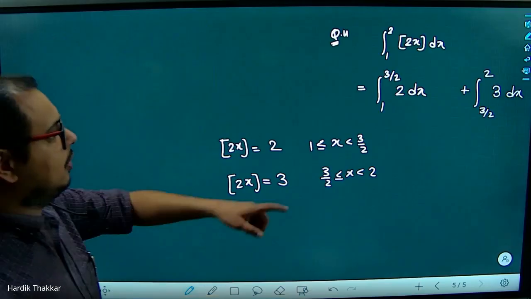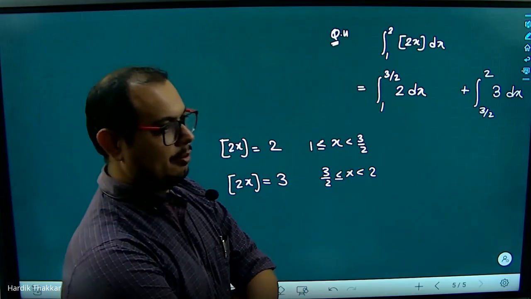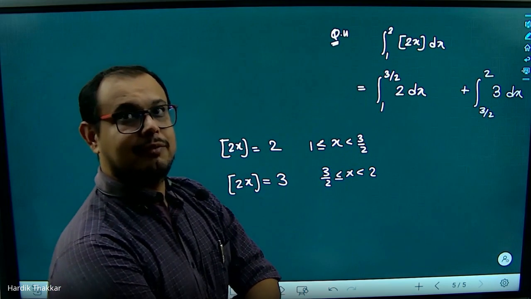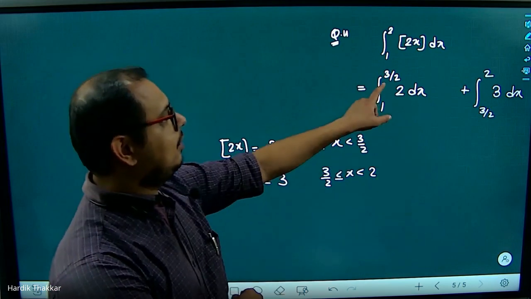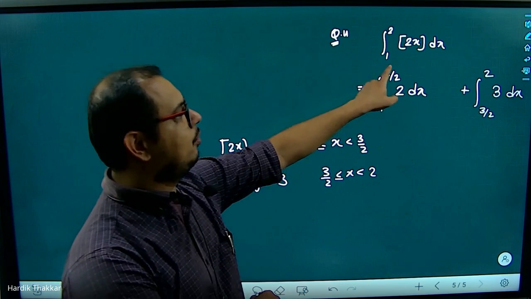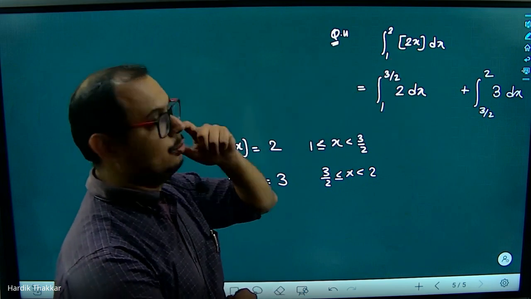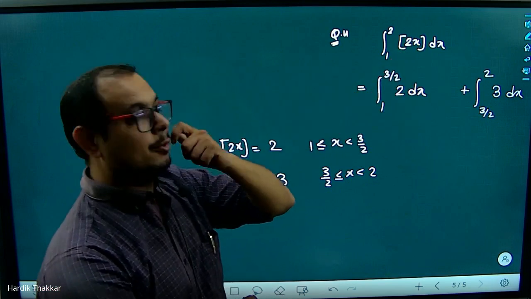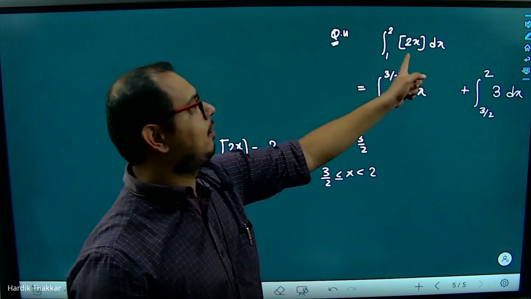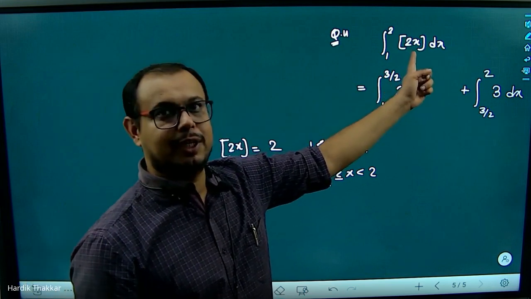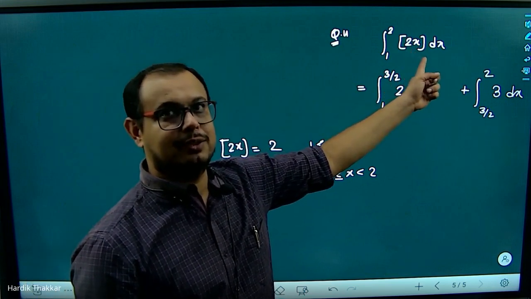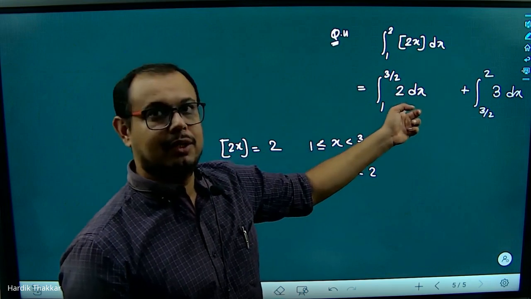No, because for this it will be only 1.5. It cannot be 1.75, because for 1 to 3/2 its value will be 2. When we put 1 in place of x, the greatest integer of 2x will be 2 only.